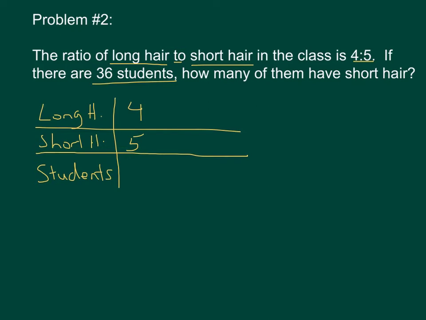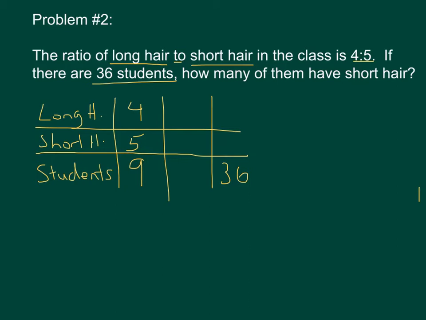I had long hair compared to short hair, but I need the whole in order to solve the problem. So a triple ratio table will get me there. So I'm going to start filling this in. I see that if I have 4 students with long hair and 5 students with short hair, I have 9 students currently. Then, just like any other ratio table, I need to put my goal in there, and my goal is 36.